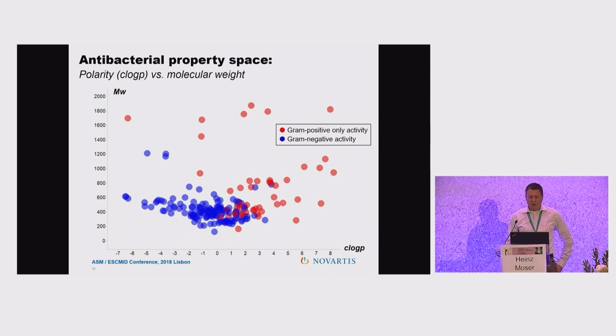So we can present that in a different way, and here shown again, red is gram-positive only, and blue is gram-negative. And you can really see how they differentiate. Now, if you look on the left middle side, around 1200 molecular weight, you see like 3 blue dots. And I just told you that 600 molecular weight is kind of the limit, more or less. So why do you find these compounds?